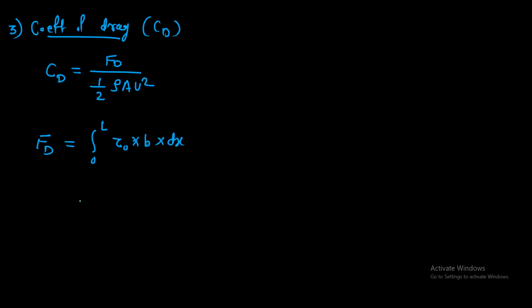Now put the value of tau 0 that we have just calculated. So 0 to L, 0.365 mu into capital U into square root Re divided by x into B into dx. Now here Re has the value in terms of x.